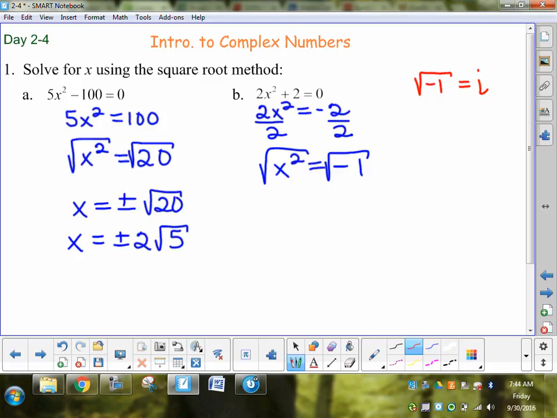That's something that you need to make sure that you know. So the square root of -1 is equal to i. So now applying that same principle over here, we would say x is equal to plus or minus i, because that's the square root of -1. When we're simplifying down radicals now, you've opened up a whole new set of numbers.